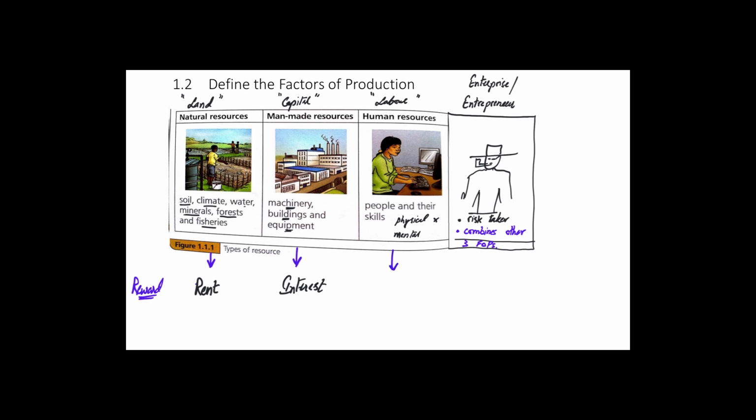The reward for labor is the wages and salaries. The reward for the entrepreneur is the profit that they earn. And you add them all together, you will get 30 lakh for the car.